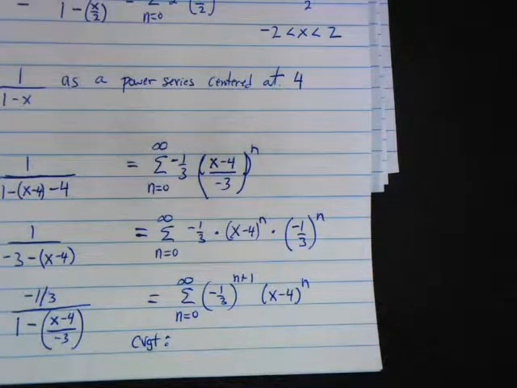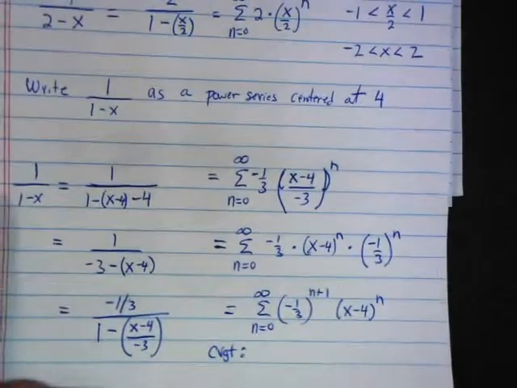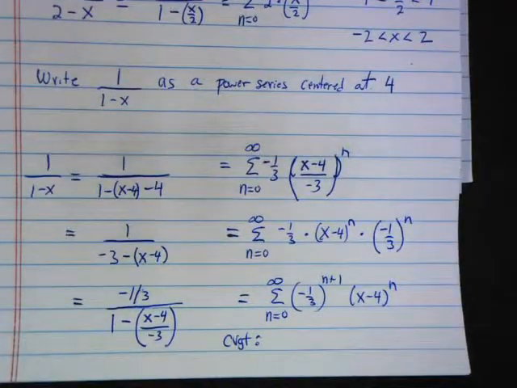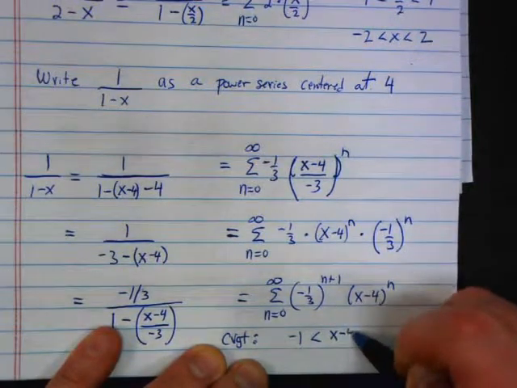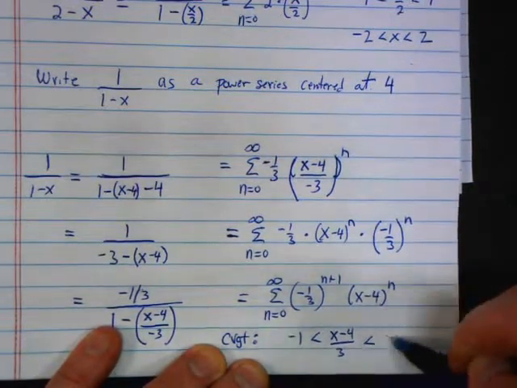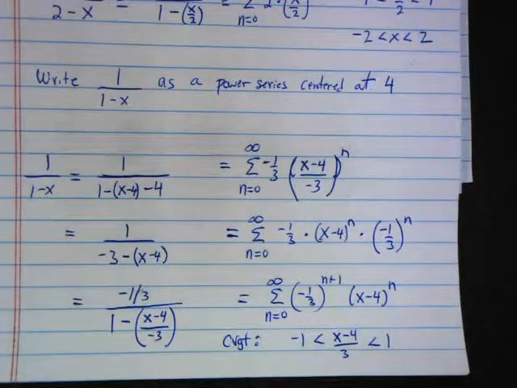Nope, but you're closer. What was our r value? X minus 4 over 3. So we would need -1 less than x minus 4 over 3 less than 1. That's when that would want to converge.